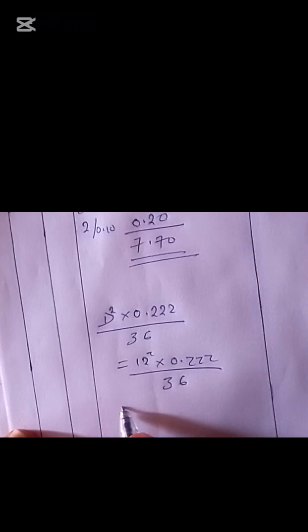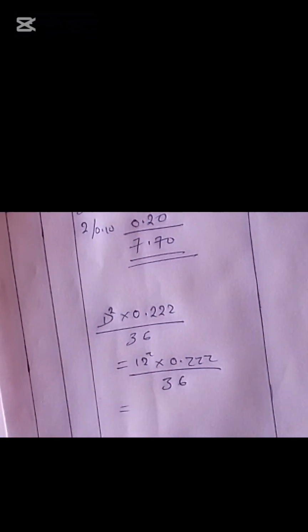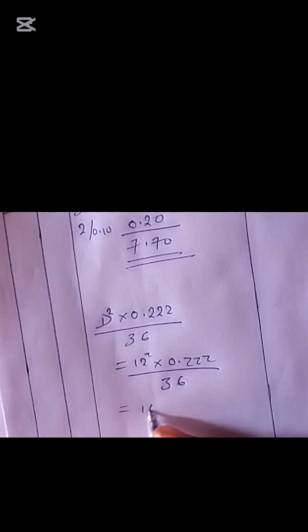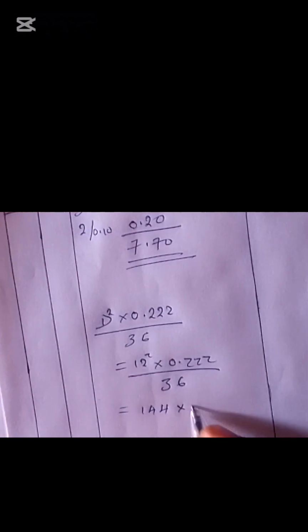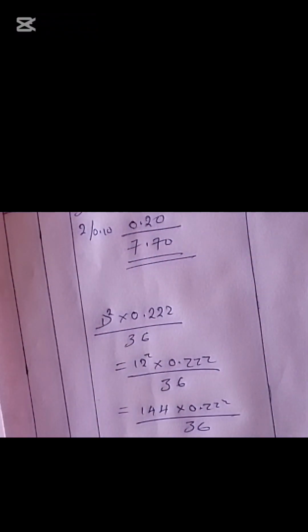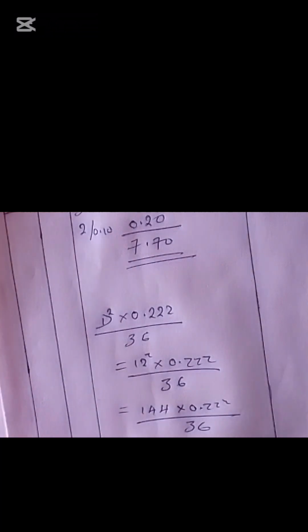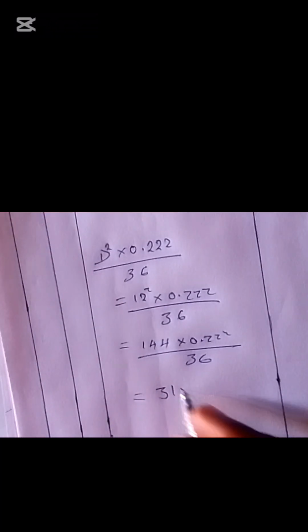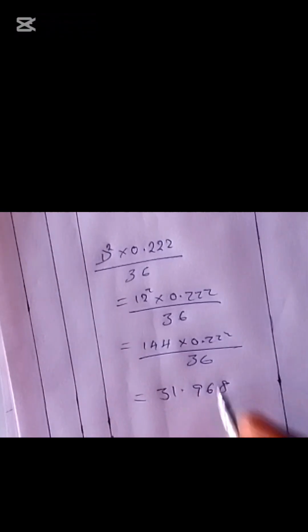Now let's get to see what we're going to have. 12 square is going to give us 144, then times 0.222 all over 36. That's going to give us 31.968.